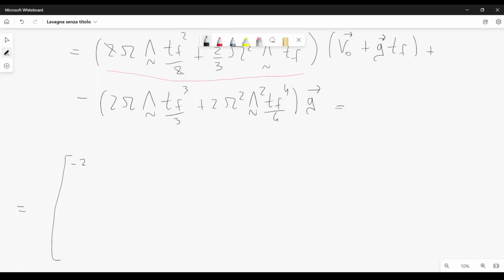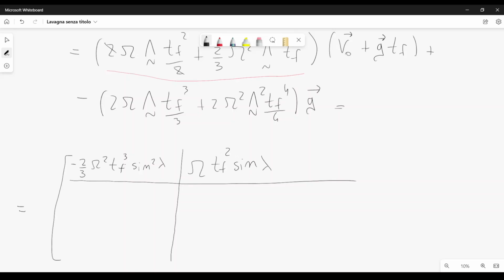You have minus 2/3 omega squared tf cubed sine squared lambda. Let me separate the terms by using a grid. I have omega tf squared sine lambda. This is the term that we have in the first row and second column. And then we have 2/3 omega squared tf cubed sine lambda cosine lambda.